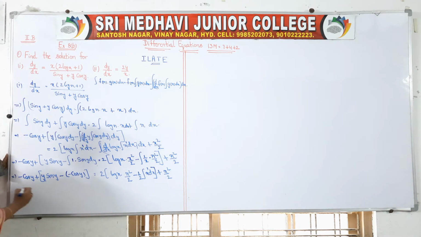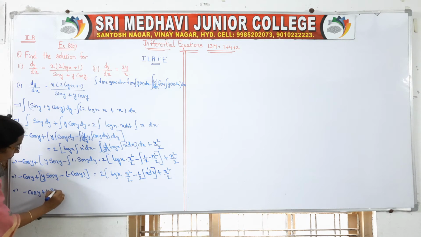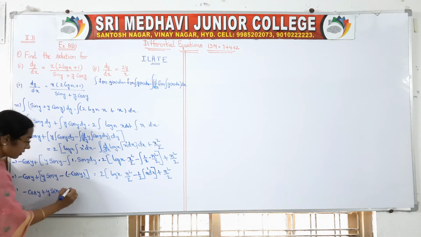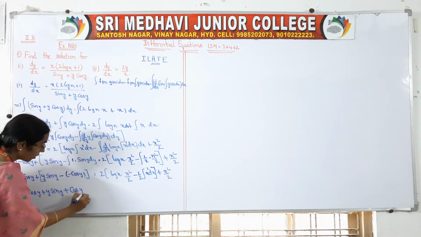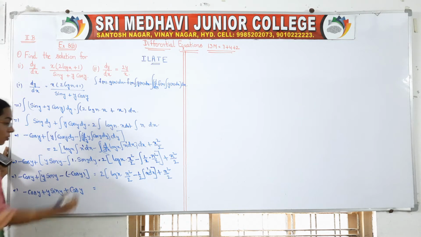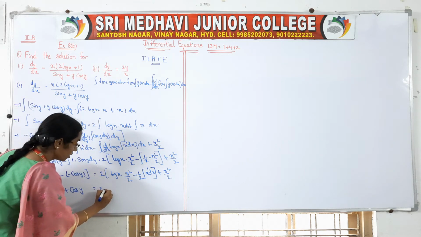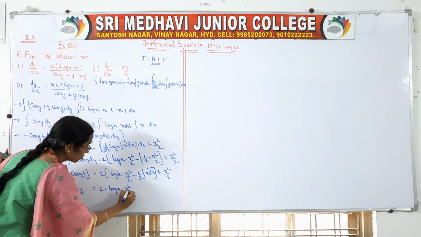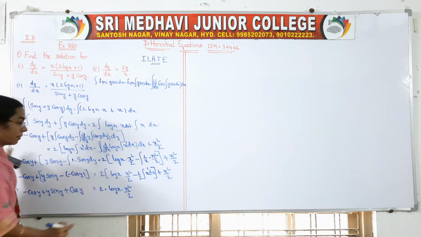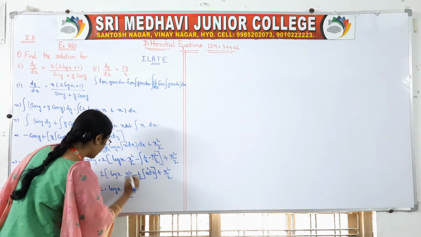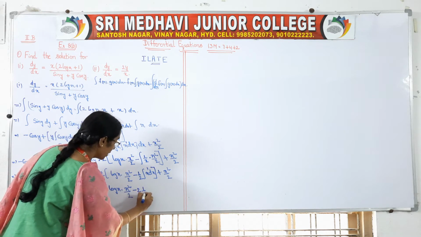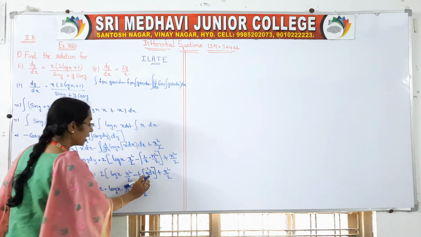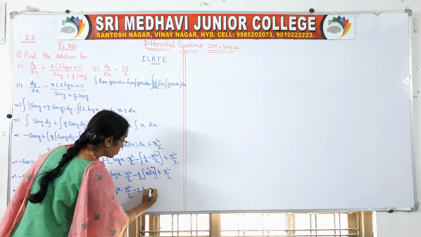So next is equal to minus cos y plus y sin y, minus of minus cos y, is equal to, we can take this as 2 into log x into x square by 2, opening the brackets, minus here 2 into 1 by 2, and what is the integral of x to the power of 1?